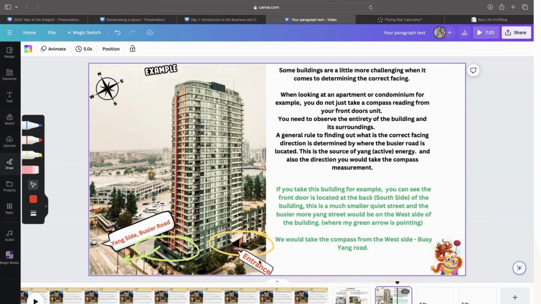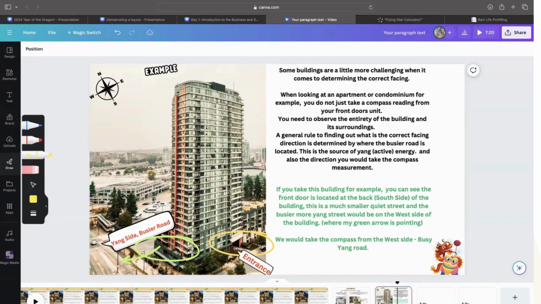And this entrance road is more for the local traffic. So in this case, you'd actually take your compass measurement from the west side of the wall right here. And you would be facing towards that busier Yang Street.